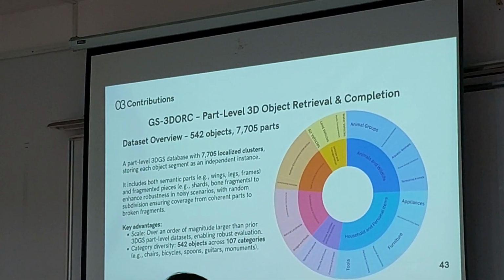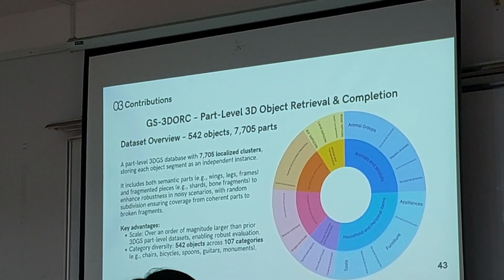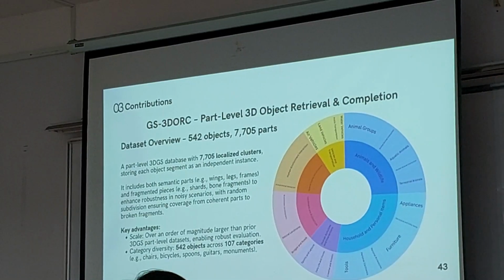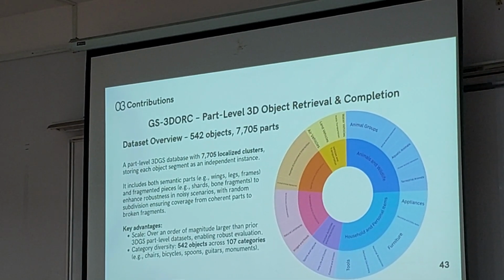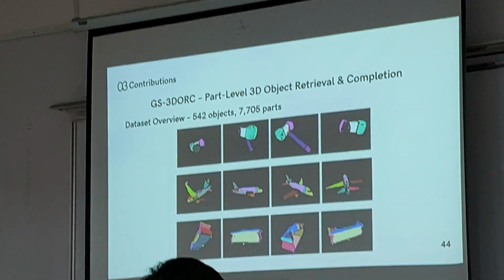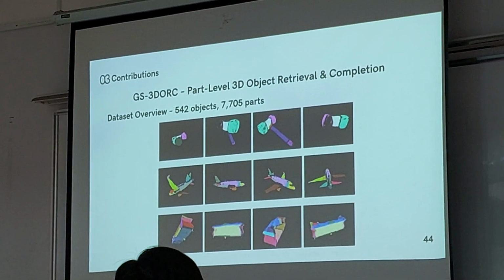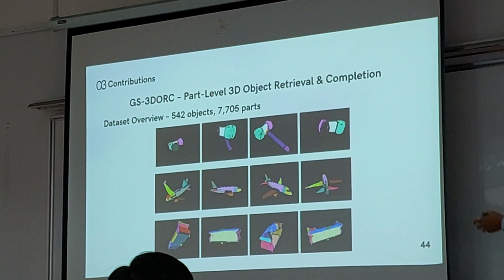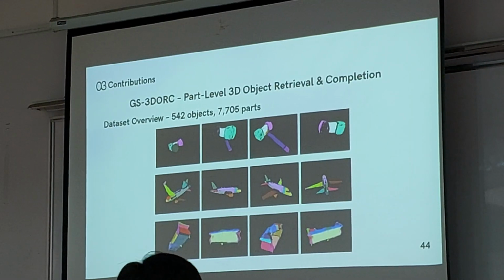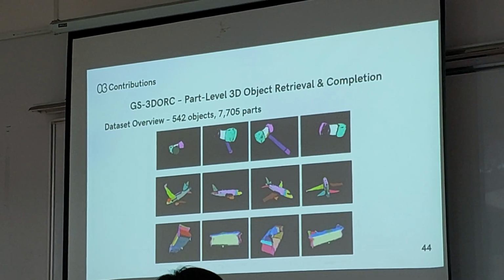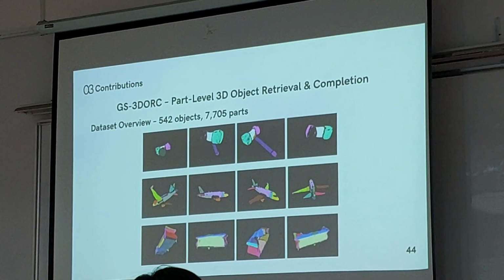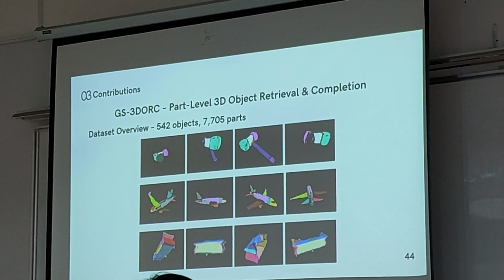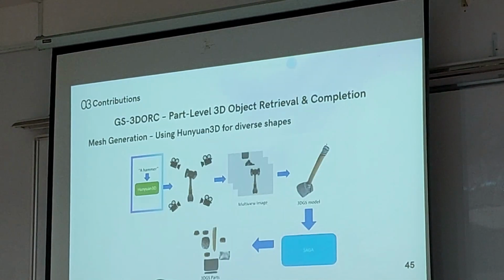We have 23 big categories and 507 small categories, which span daily life objects within different contexts. Here are some examples of our data set. You see we have the hammers, the airplanes, the couch, which shows that our reconstructed data set has a great variety of categories.